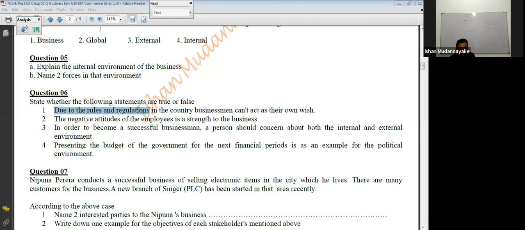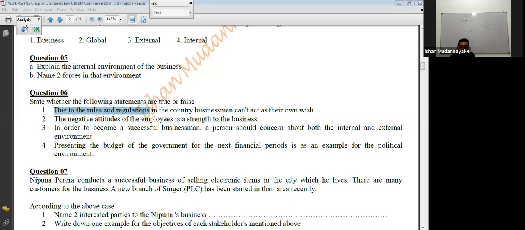Lamai, that is true. The answer is true. Due to the rules and regulations of the country, businessmen cannot act as they wish. Why? They need to follow rules and regulations. By following rules and regulations, they need to sell their goods and services. They need to manufacture goods and services.